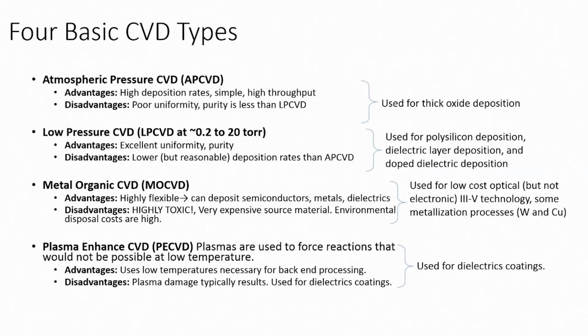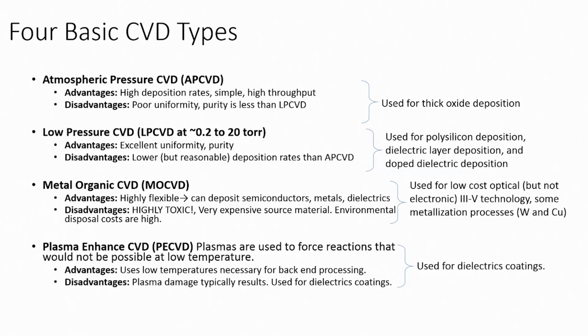Now, when you talk about metal organic CVD, which is also called MOCVD, its advantages are that it is highly flexible and can deposit semiconductors, metals and dielectrics, right. In PECVD, LPCVD or APCVD, generally oxides or polysilicon are deposited, but in case of MOCVD we can also deposit semiconductors and metals.